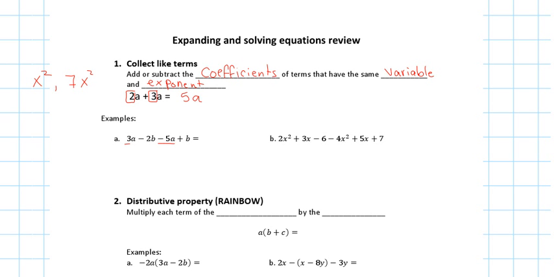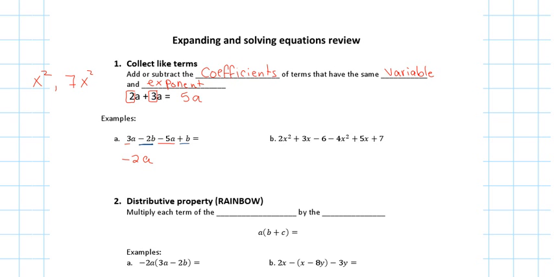So what do you get? So 3, take away 5. Negative 2a.